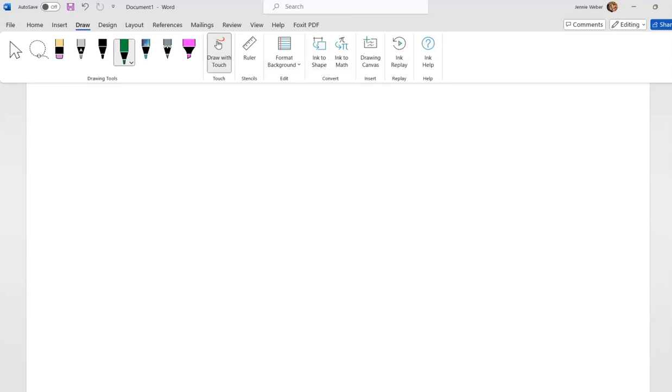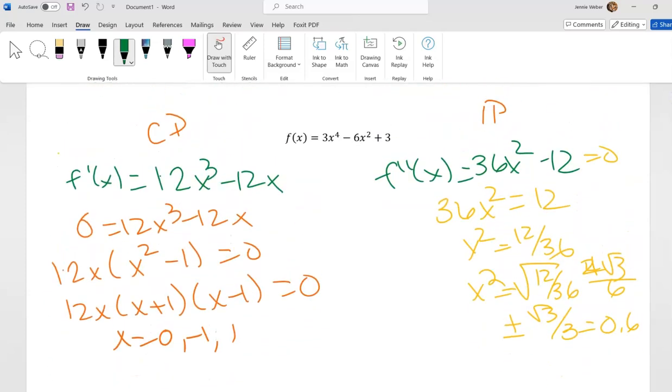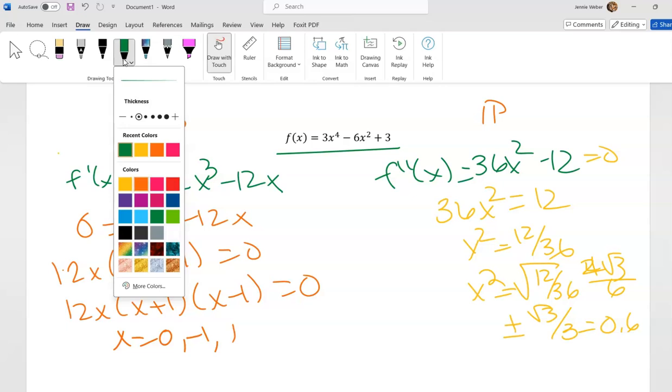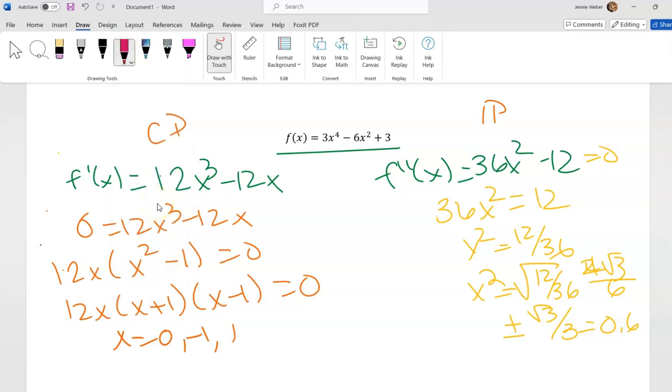Now, when we do our graphing points, we are going to go back to the original equation. This is probably the easiest mistake to make: you're going to try to put in your first derivative, but no, I want to put it in my original equation. So I need to find f of 0.